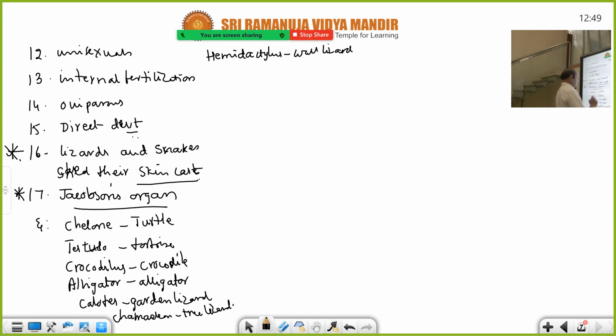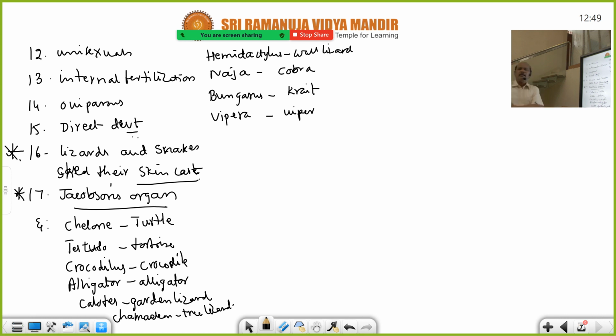And Naja, cobra, common Indian cobra. Bungarus, krait. And Vipera russelli, or simply viper. So many examples, 10 examples, the maximum number of examples given in the reptilia.